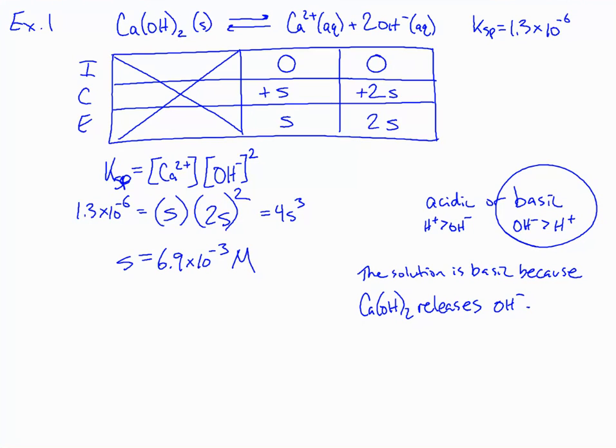In the next part of the example, it says, suppose some acid were added to the saturated solution of calcium hydroxide. Write the equation of the second reaction that would take place. So if we're adding an acid, we are adding H plus, and we have a solution that already contains hydroxide.